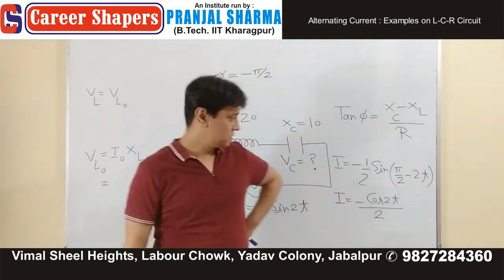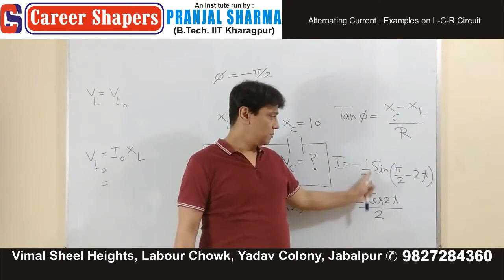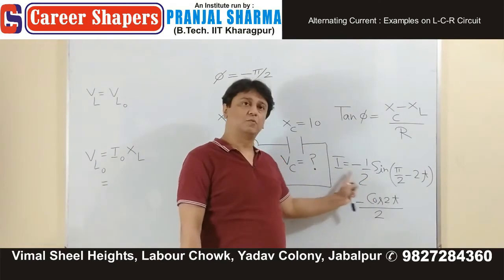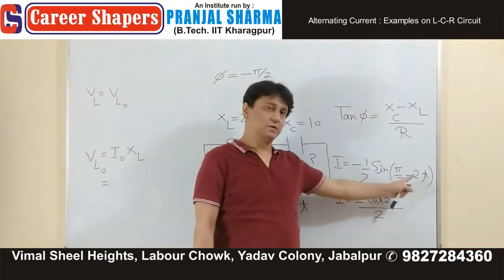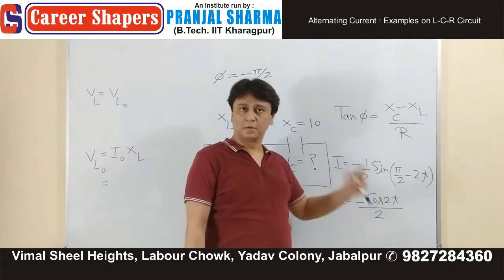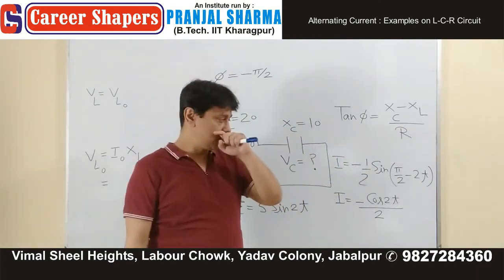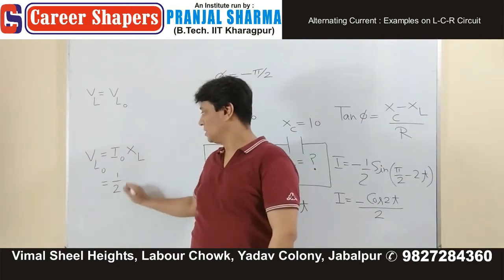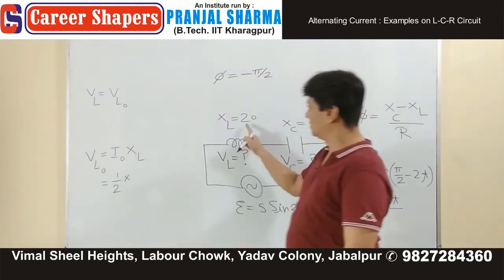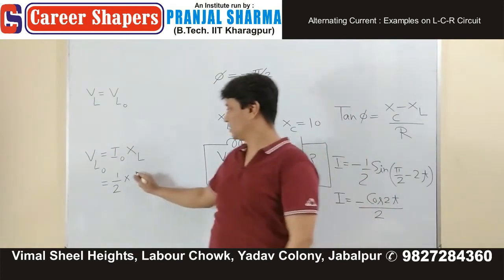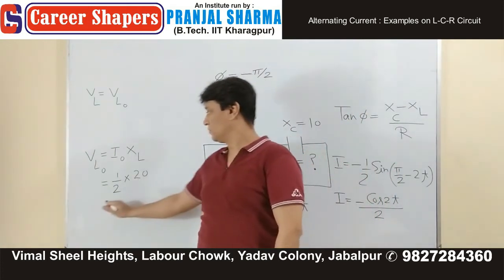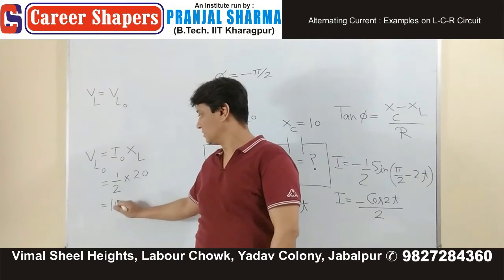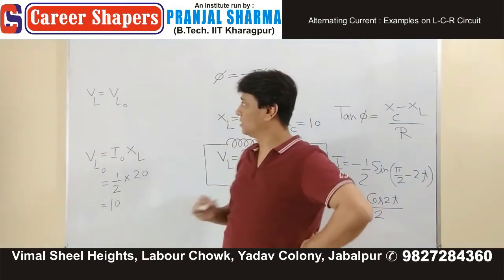What is I naught? It is 1 by 2. This is I equals I naught sine, so 1 by 2, the magnitude, the mod part, is your I naught, multiplied by XL, which is 20. This is coming 10. We got the value of VL naught.